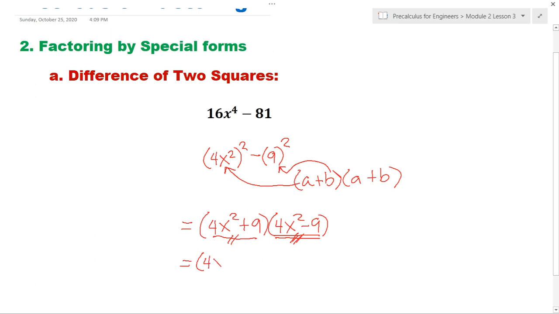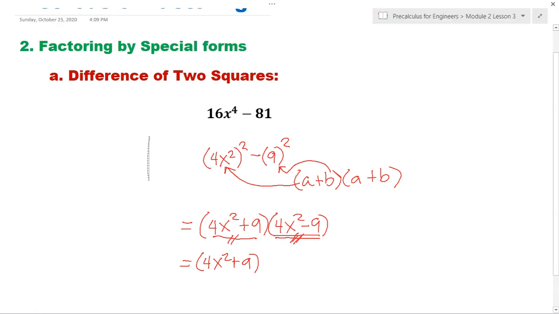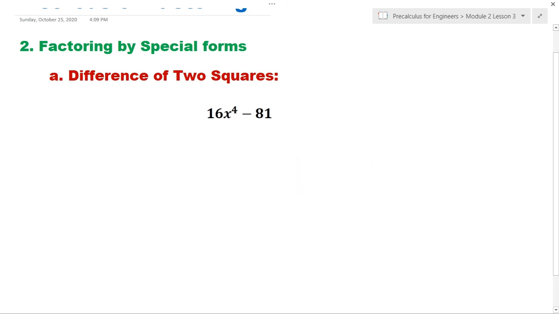So, let's copy this one. 4x squared plus 9. Or we can just erase this para ma-focus tayo sa 4x squared minus 9. So, let's write again. So, we have 4x squared plus 9 and 4x squared minus 9. Actually, the second factor can be factor out pa siya. Why?